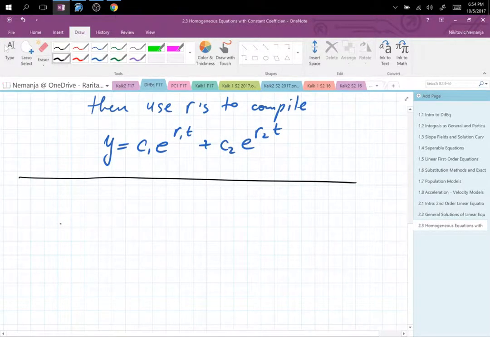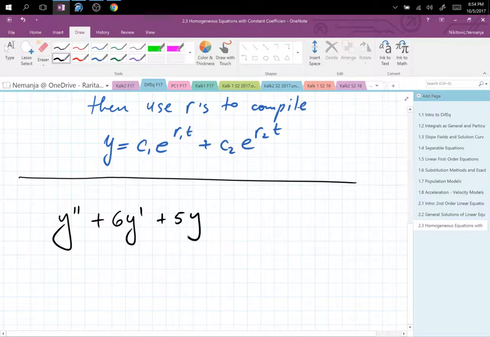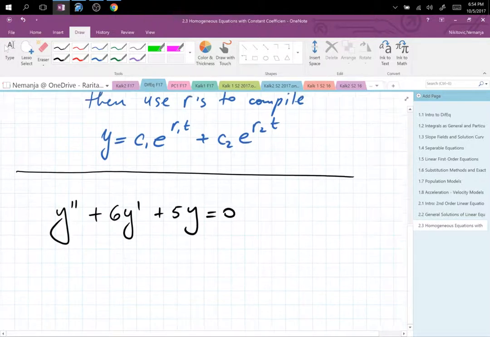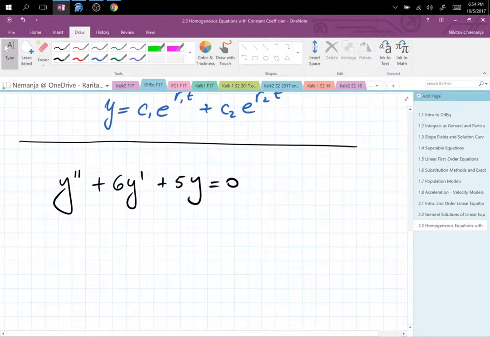So say you have y double prime plus 6y prime plus 5y equals 0. Now, you can immediately skip the step and go into r squared plus 6r plus 5 equals 0, solve for r, and you're done.